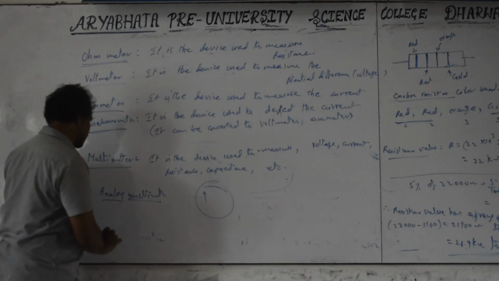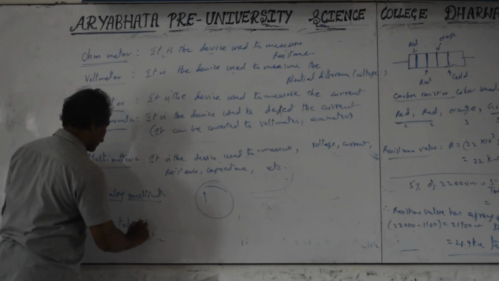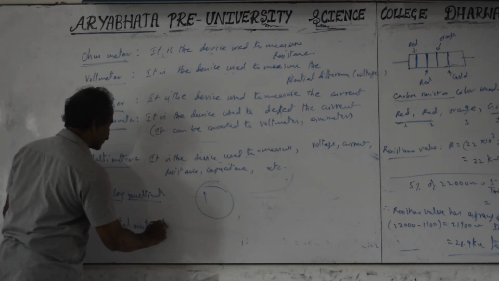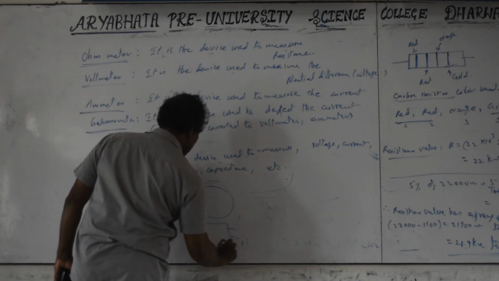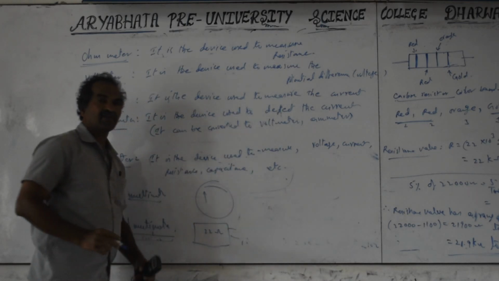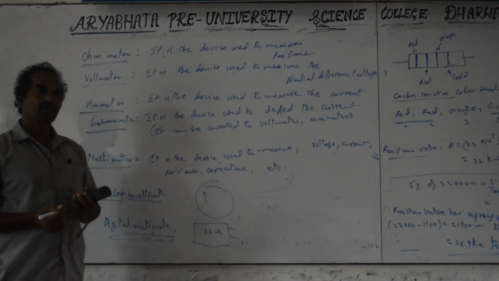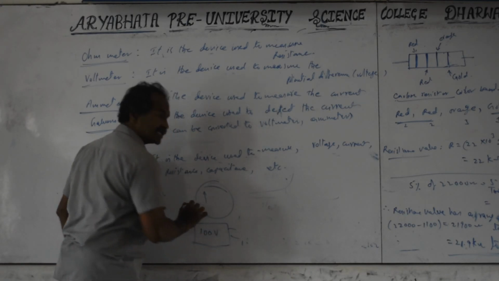Another one is the digital multimeter. In the digital multimeter, we can directly see the values, like 22 ohms, 22 volts, 100 volts. We can directly read the values.